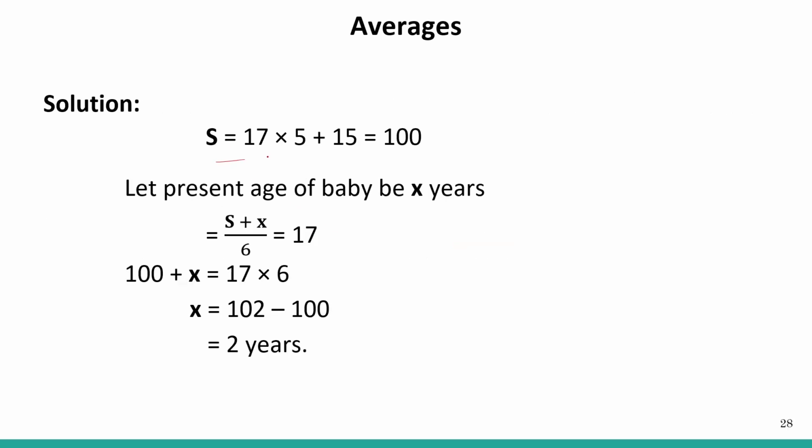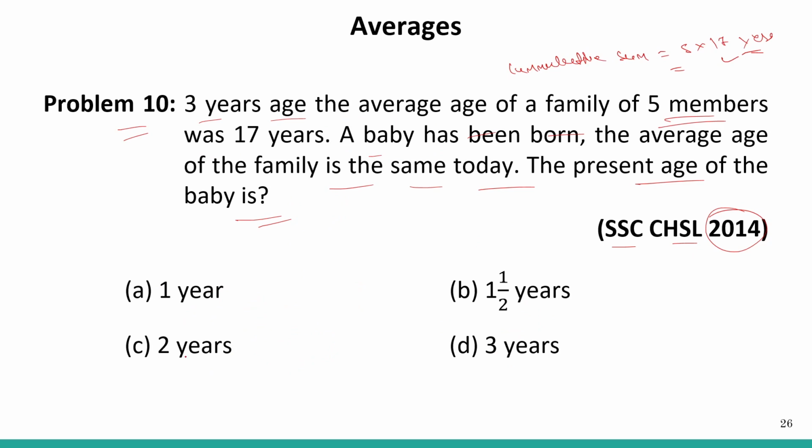So S is equal to 17 into 5 plus 15, that is equal to 100 years. Let the present age of the baby be X years. So (S plus X) by 6 is equal to 17. So 100 plus X is equal to 17 into 6. So 102 minus 100 is equal to what? 2 years. So the age of the baby will be 2 years. This is the correct answer here. All the others are incorrect.